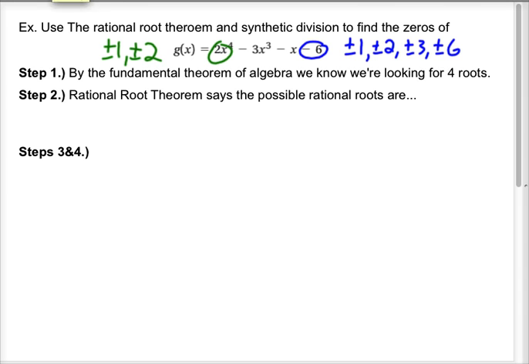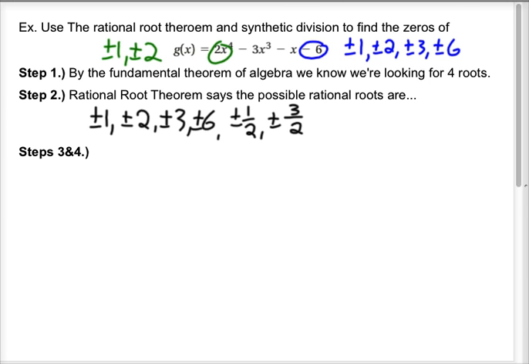So when I divide those, because I can divide by 1, I get all of these back. But now since I can divide by 2, that also gives me 1/2 and 3/2 in the mix. All right, so those are all of my possible rational roots.